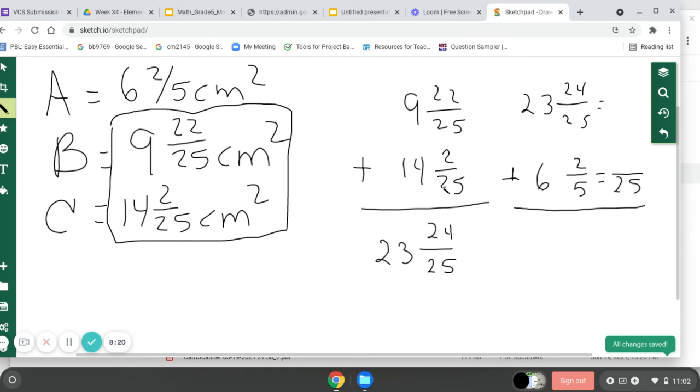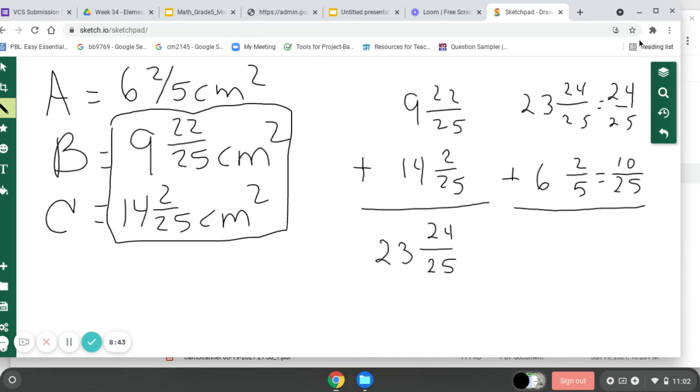So 5 times 5 gives us 25, and 2 times 5 gives us 10. 25 times 1 gives us 25, which means 24 times 1 gives us 24. So great. Now we have our common denominators, and now we can add our numerators. So 24 plus 10 gives us 34/25ths.